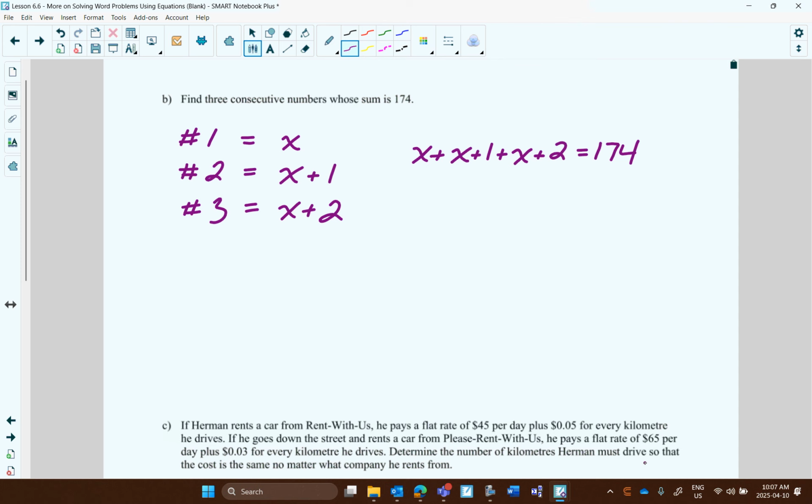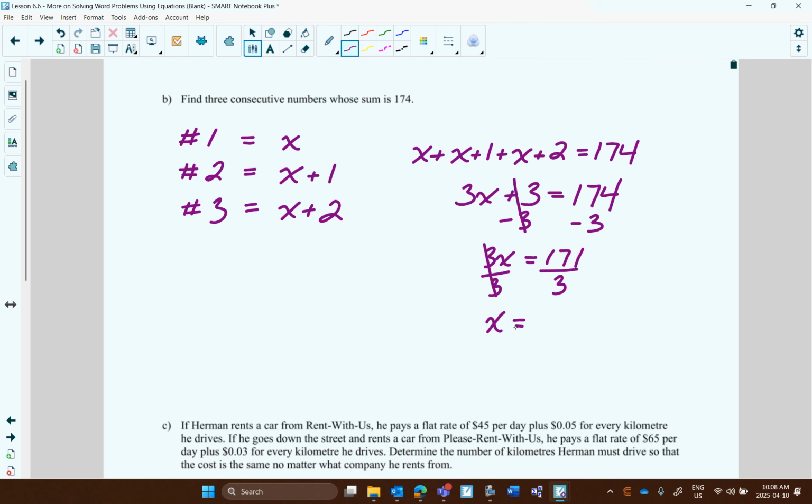So this simplifies all the way to 3x plus 3. Subtract 3 from both sides because we want to get x by itself. So we get 3x is equal to 171. Divide both sides by 3.